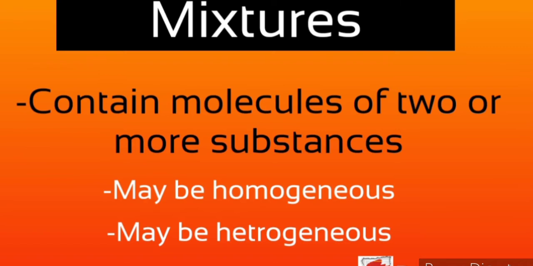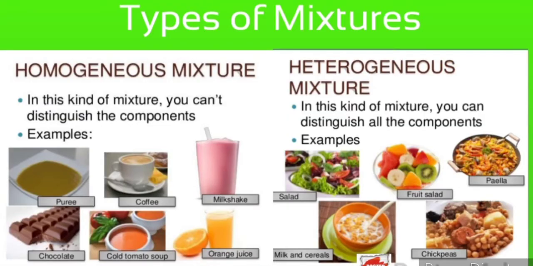So the first thing that we have is the mixtures. A mixture contains molecules of two or more substances. That means two or more different molecules, when they combine, form a mixture. A mixture can be of homogeneous type or of heterogeneous type. Homogeneous mixtures are what?